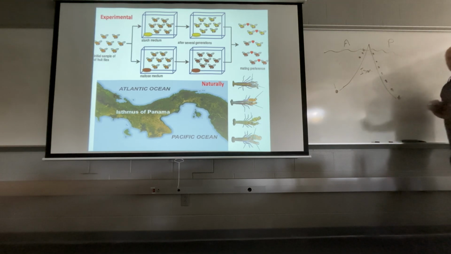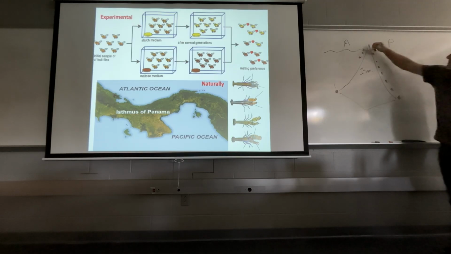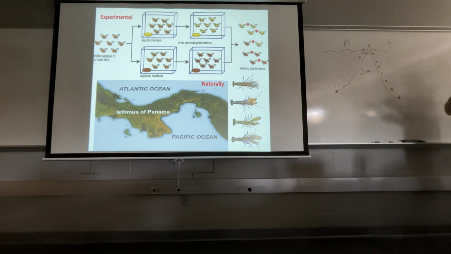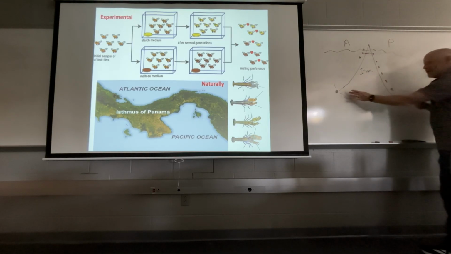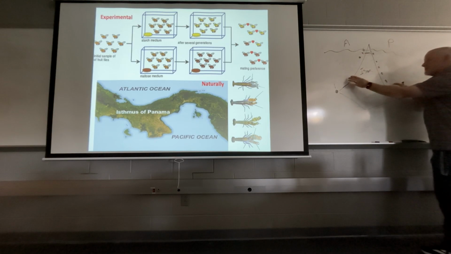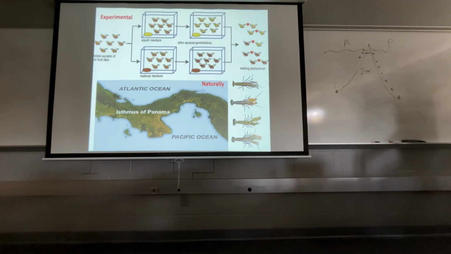When you look at the molecular clock, these two are the oldest as far as relatedness, and these two are the youngest and the closest as far as relation goes, which tells you the isthmus or this landmass rose slowly. These got separated first, then those, and then those, and they couldn't interbreed. So it's slow progression. It took about 4 to 8 million years, and they've been separated for about 8 to 10 million years. It's pretty cool.